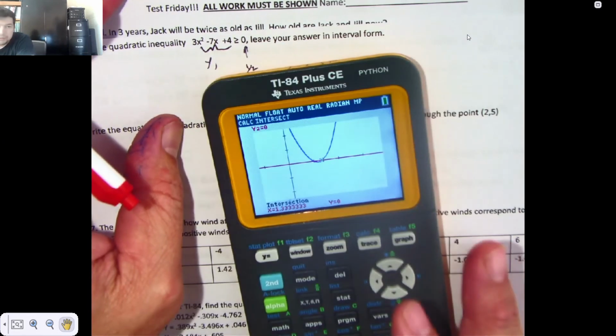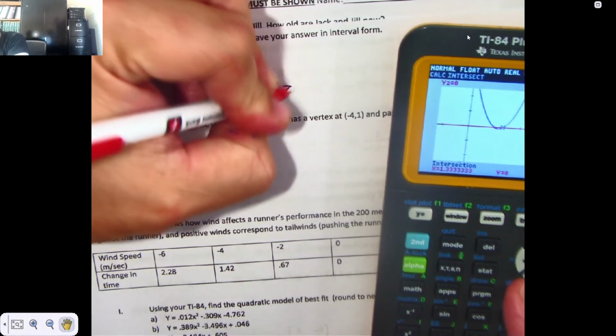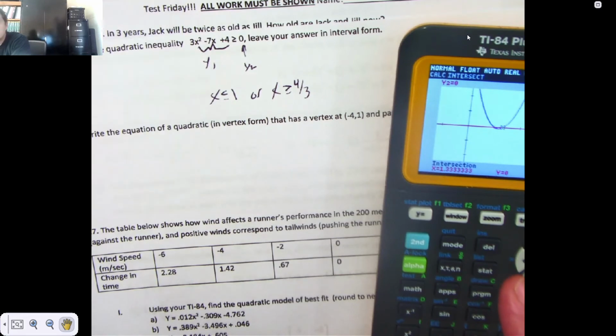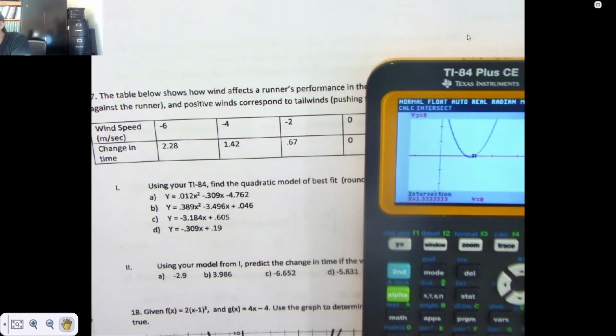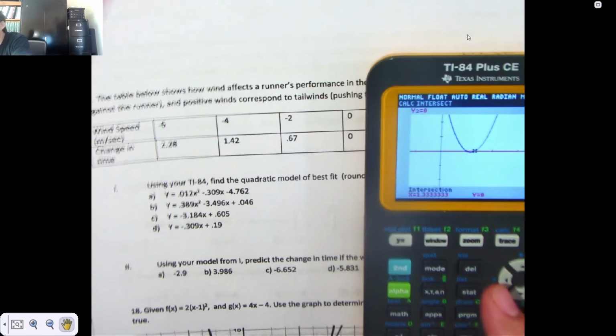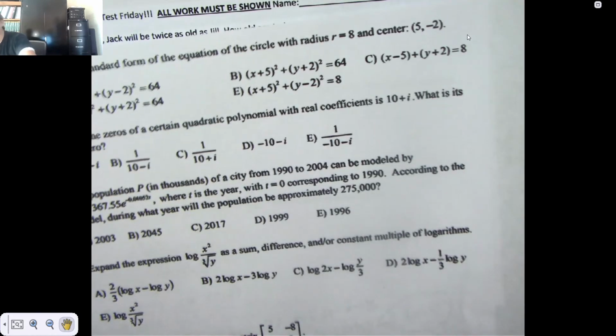I got 1.33333. That's 4/3, or x is greater or equal to 4/3. And you can do the interval notation from there. TI-84 can't do 16. 17 is a TI-84 problem. Can't do 18.